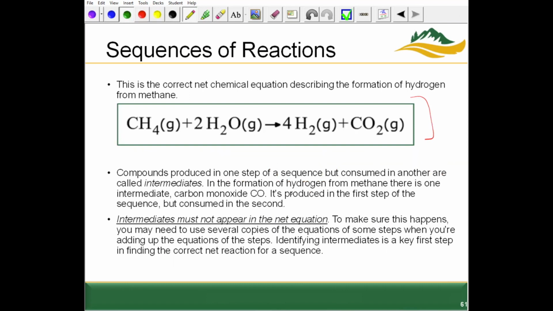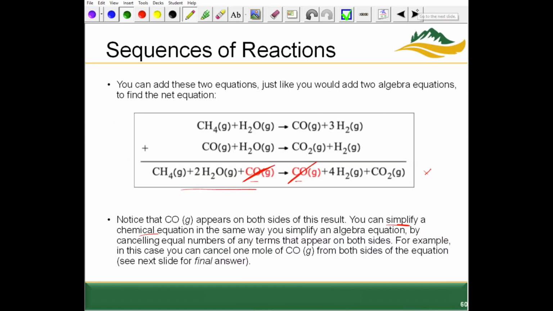We call something that shows up on both sides of the reaction an intermediate. So a compound produced in one step of a sequence, but consumed in another, is an intermediate. Carbon monoxide doesn't show up in our final equation. To see it here again, it's formed in one step, but it's consumed in the second step.